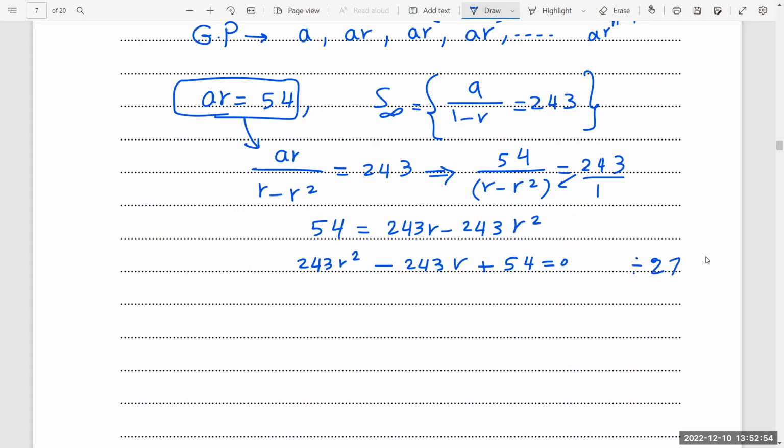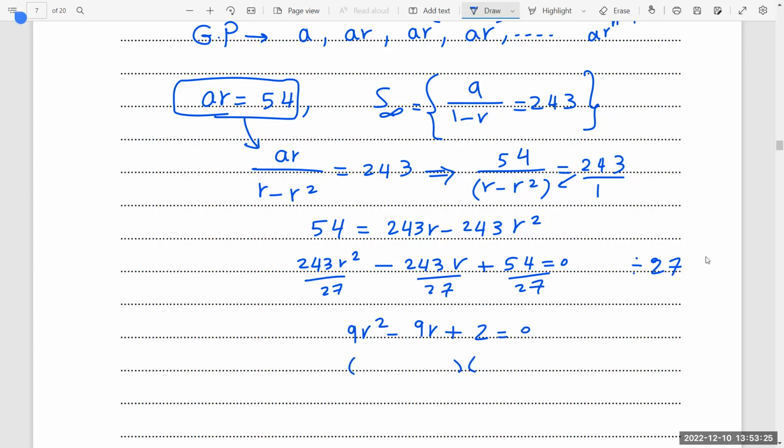If I divide by 27, 243 divided by 27 is 9. So divided by 27 all through to simplify, I get 9r squared minus 9r plus 54 divided by 27, I get 2, is equal to 0.